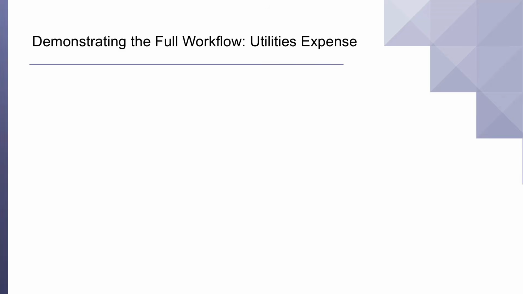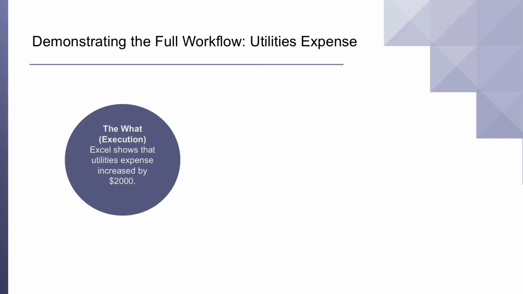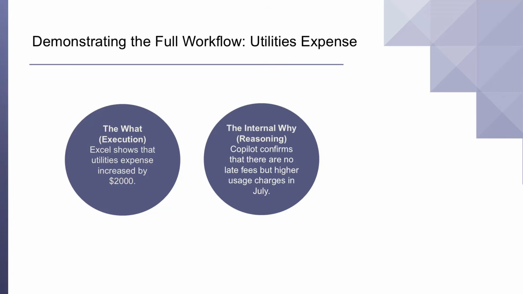Let's see this entire process come together live with one more tricky line item: utilities expense. Imagine looking at the dashboard and seeing a red arrow indicating a $2,000 variance. Copilot reads the Excel sheet and confirms that there are no late fees, but points towards higher usage charges in July than June.